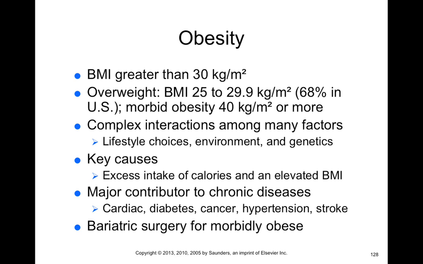In fact, some of the original data that was used to define these norms was based off a small sample of white males from Minnesota. And so it doesn't even apply to the whole population. So it doesn't make sense.